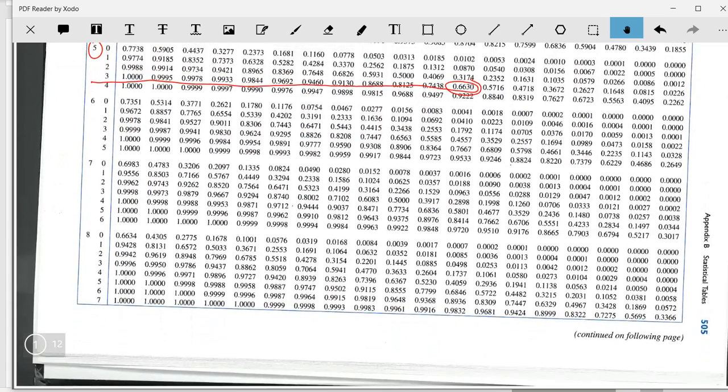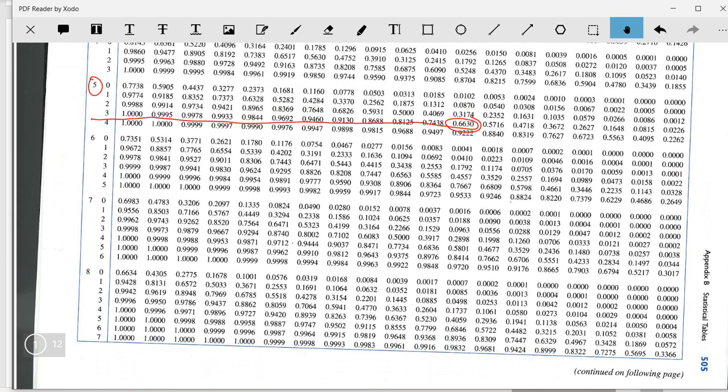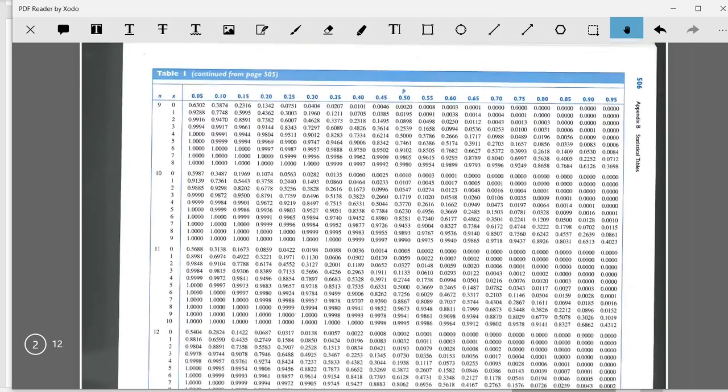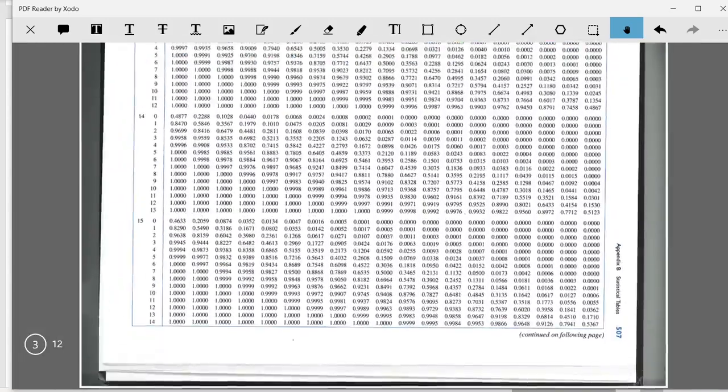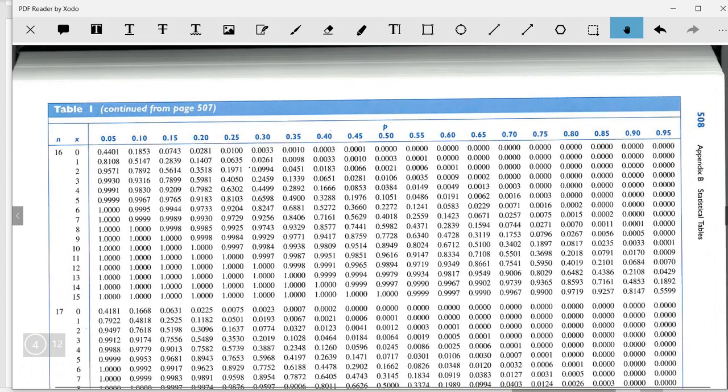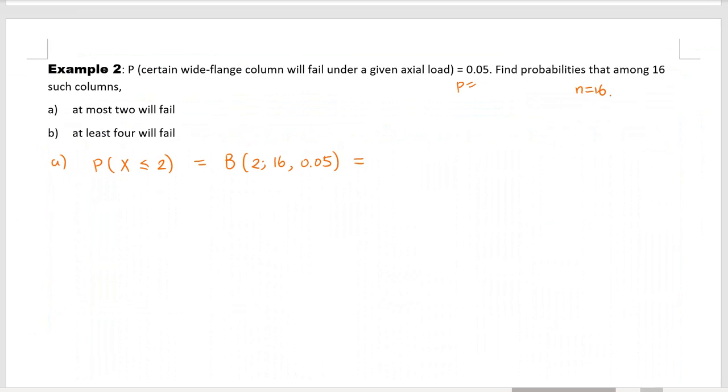Here, N is 16, so 16 right here, and p is 0.05 right here. And x is 2, so you see 0.9571. So this is by Table 1.